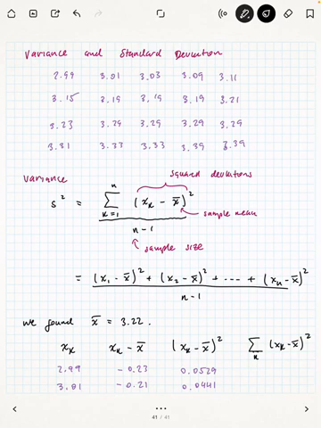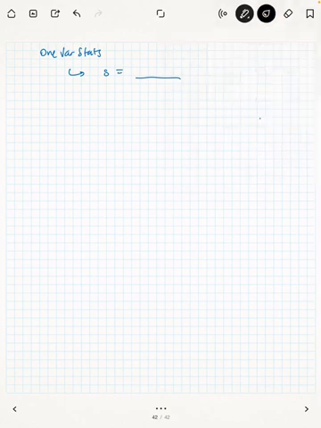If you are using your TI-84, the function that you want to use is 1-Var Stats, and you will get the S value, whatever that is, and then you have to take that value and square it. In our case, I just calculated it right now using Google Sheets.